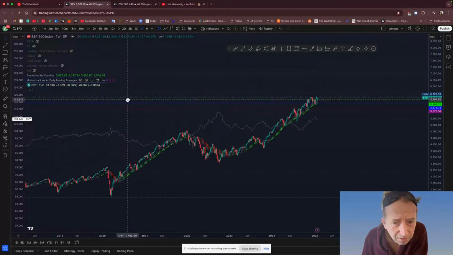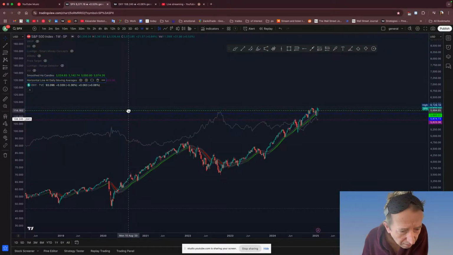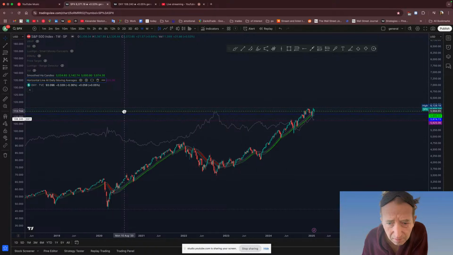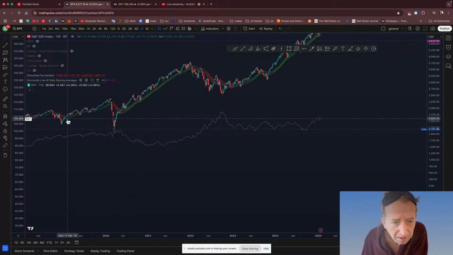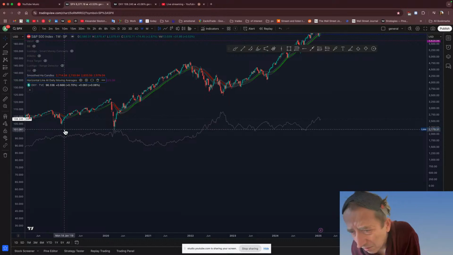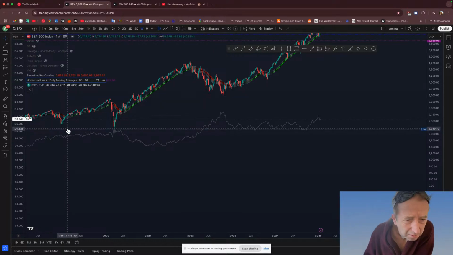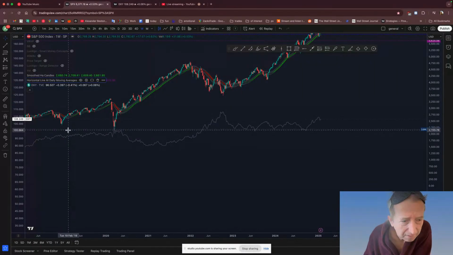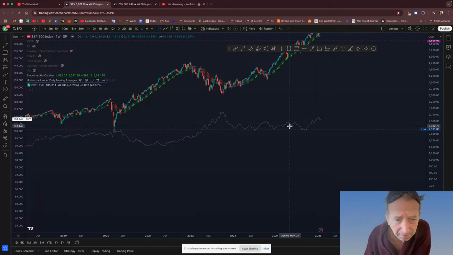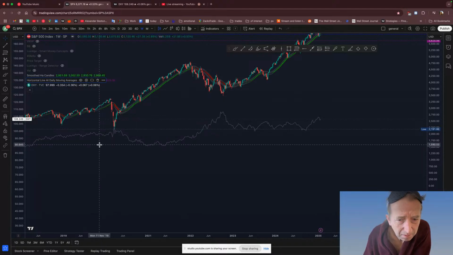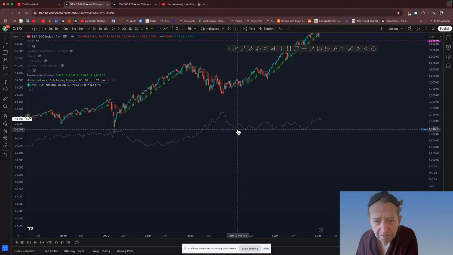Anyway, underneath, the currency has kind of worked around this sort of 101 level. Recently it's 108. It's above this line.